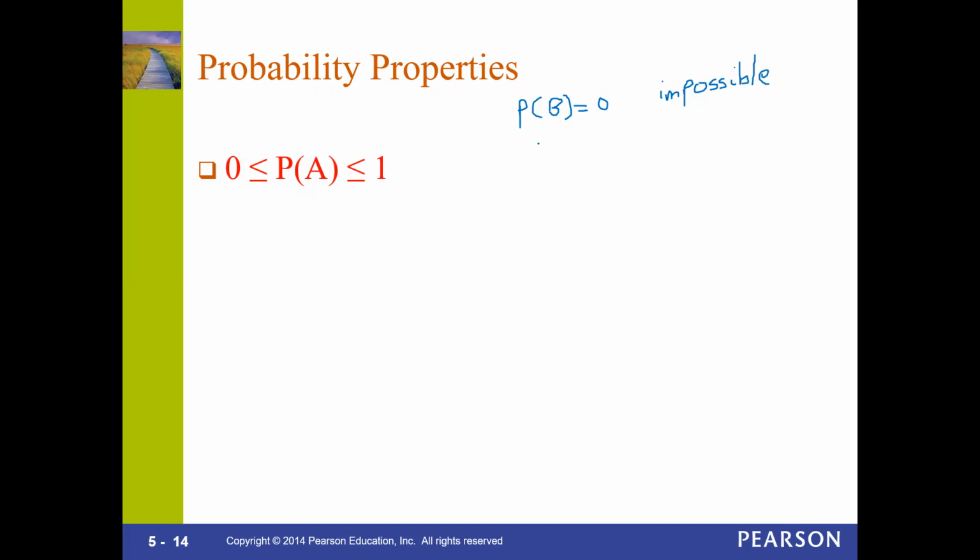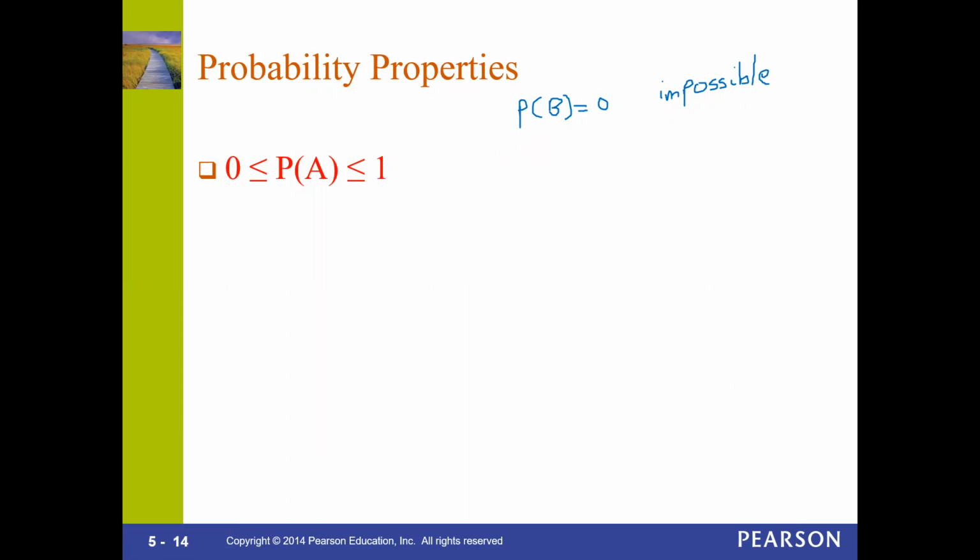It is something that's impossible. For example, the probability of having Christmas.